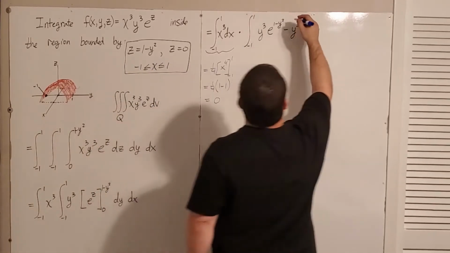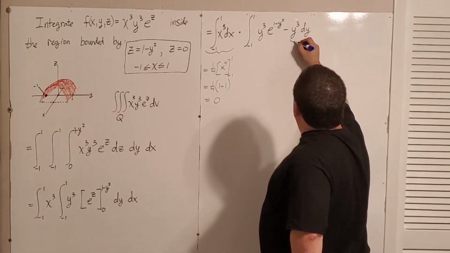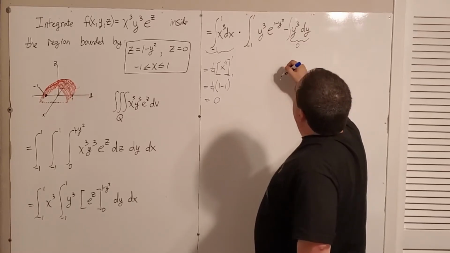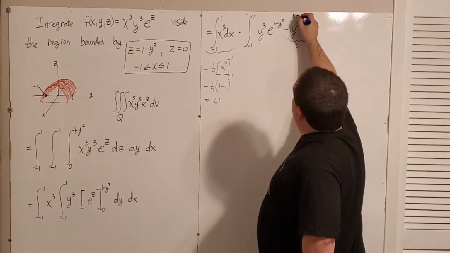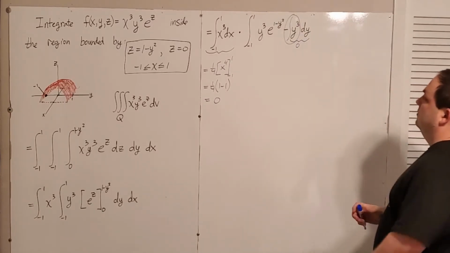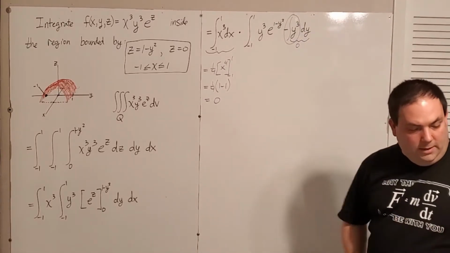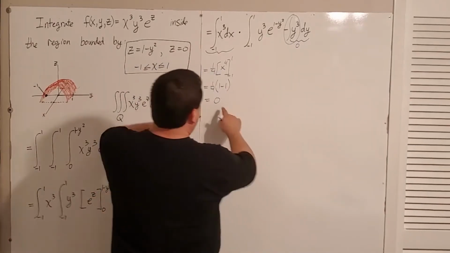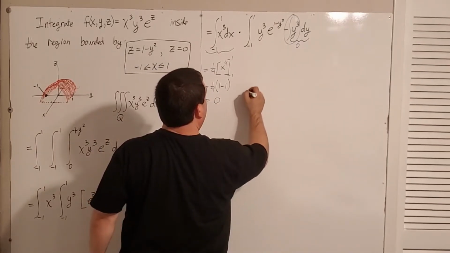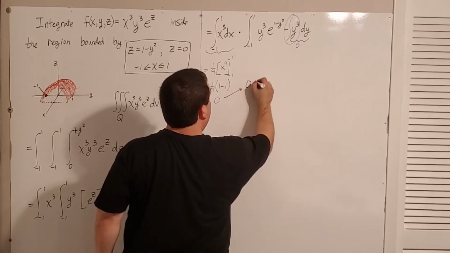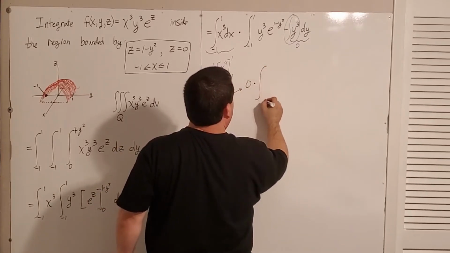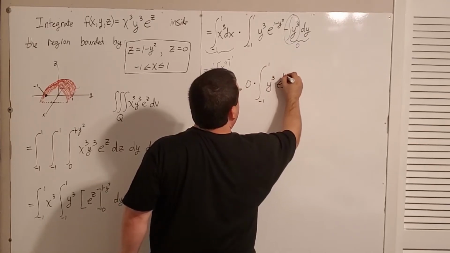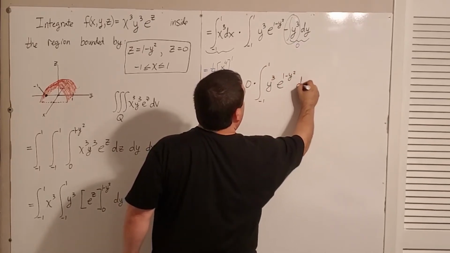And actually, you can expect the same thing from this one as well, right? This integral right here is also going to end up being 0. This piece right here. Okay, so then notice what I have left is 0 times the integral from -1 to 1 of y cubed times e to the 1 minus y squared dy.